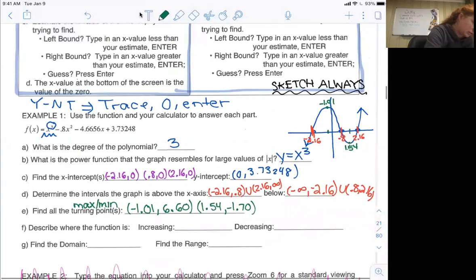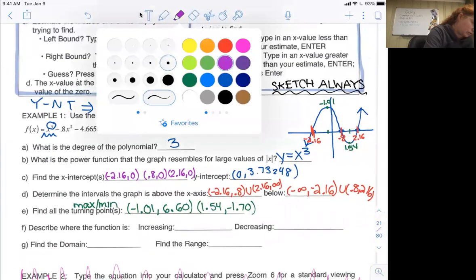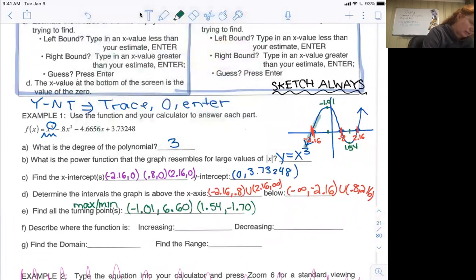Increasing is going up from left to right. So if we take a look, it's going up these 2 sections here. Listing the x's from left to right, that very first section is from -infinity up until -1.01. Union, there's that second part I highlighted. The x value is 1.54 and it keeps going to the right, so it's to infinity.